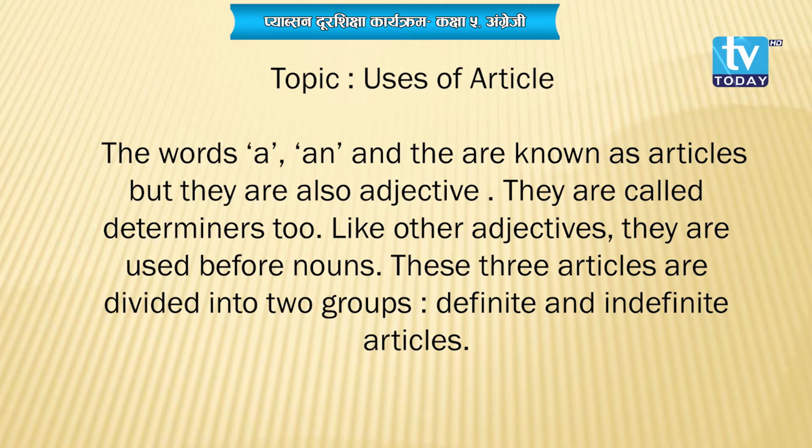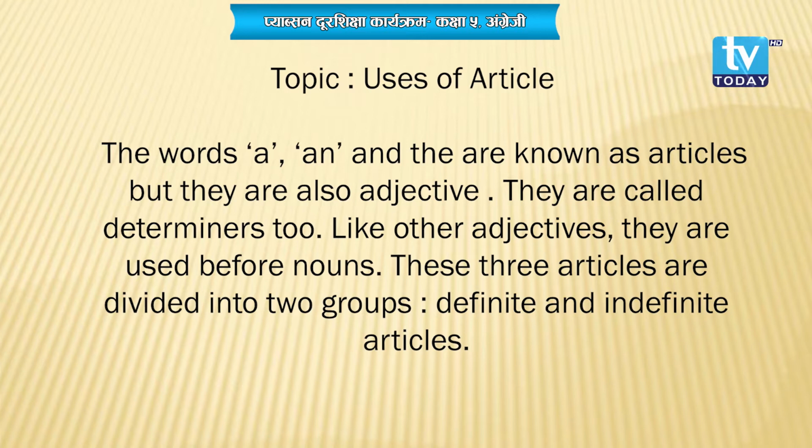But they are also adjectives because they are used in front of naming words or nouns. So they are also called determiners, adjectives as well as determiners. They determine the number of nouns too, and give specific or more descriptions, so we can call them determiners.